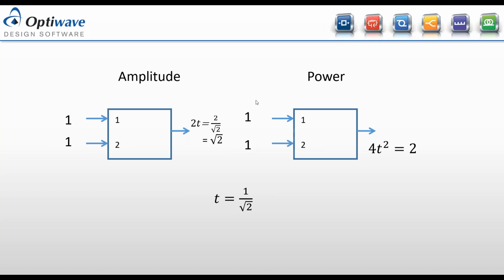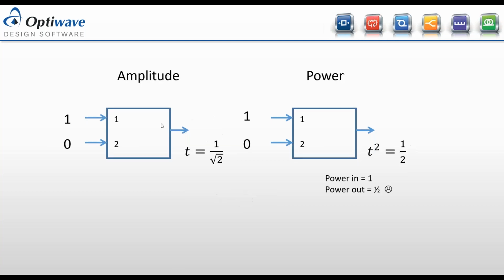And with power on both sides, we did get to 4T squared, we got a power of 2 out. So everything looks kosher. So let's go back to what happens when one of the amplitudes goes dark.